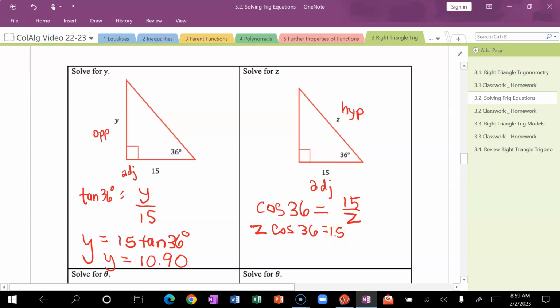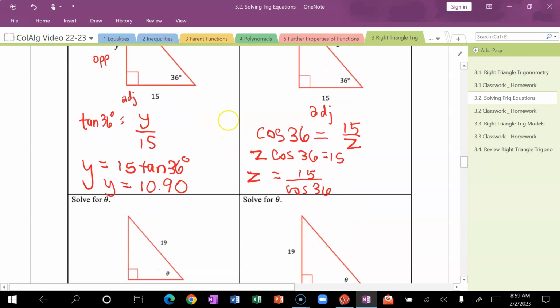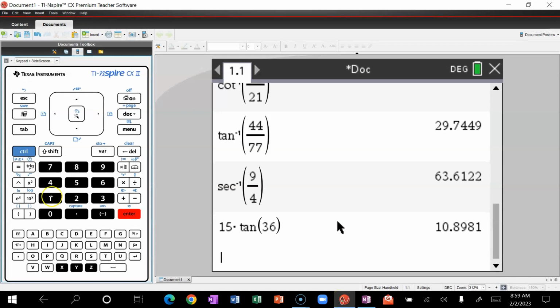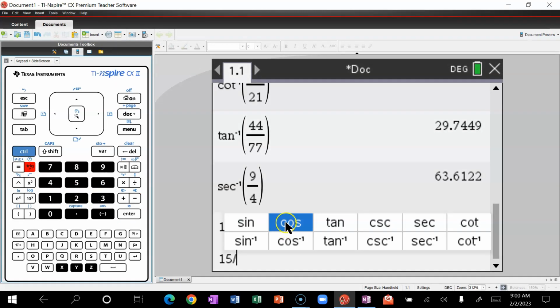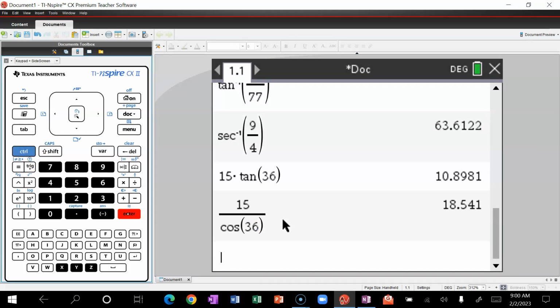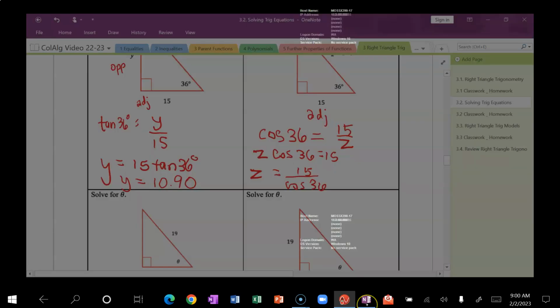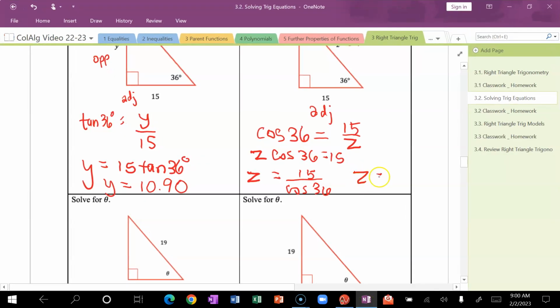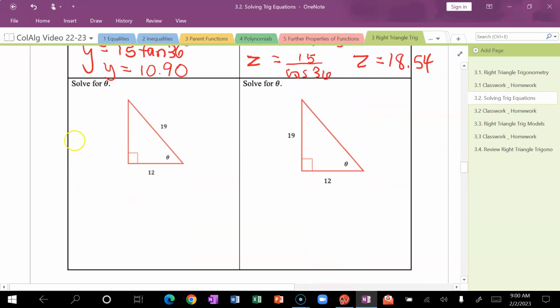Divide by cosine 36, z equals 15 over the cosine of 36. So 15 divided by the cosine of 36 is 18.54. So that tells me z is 18.54.